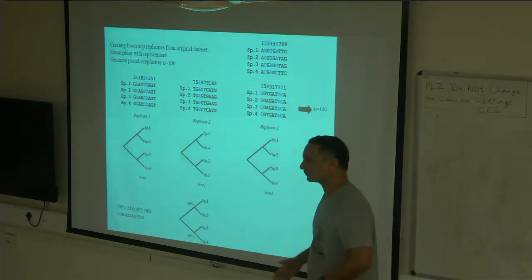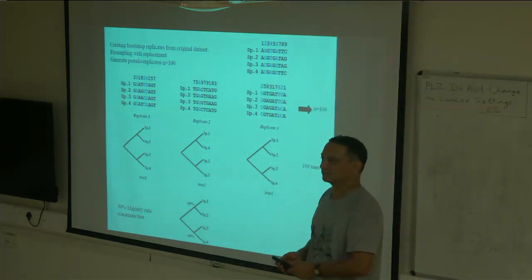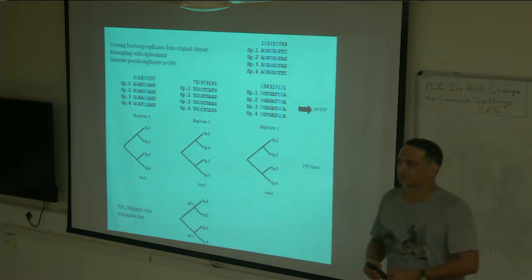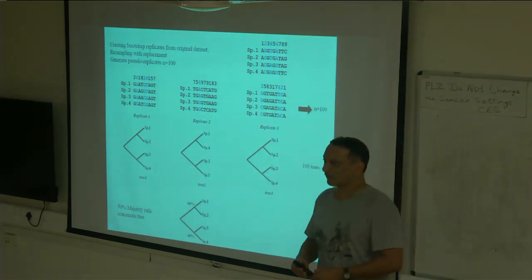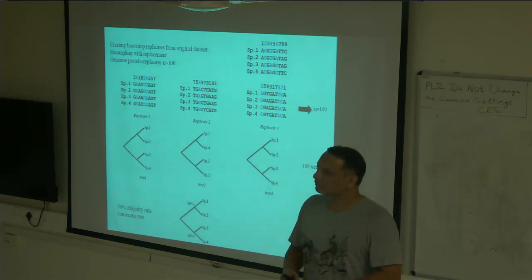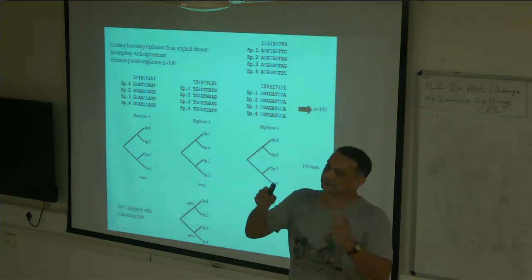I have no clue. So what I'm saying is, if I have a data set of 500 sites, and I'm given 100 replicates, so all those 500 sites will be sampled 100 times? No. For each replicate, it will be sampled 500 times.